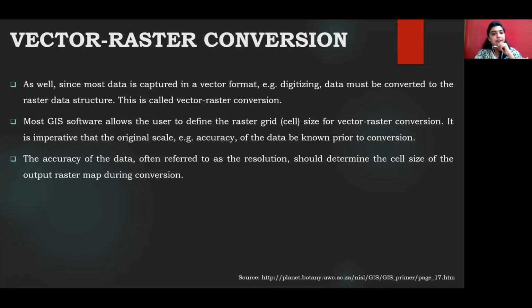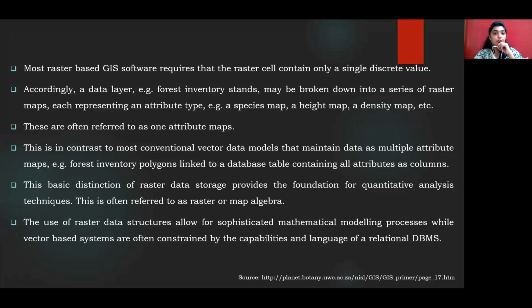It is imperative that the original scale, that is, the accuracy of the data, has to be known before the conversion is done. The accuracy of data, often referred to as the resolution, should determine the cell size of the output raster map during the conversion.